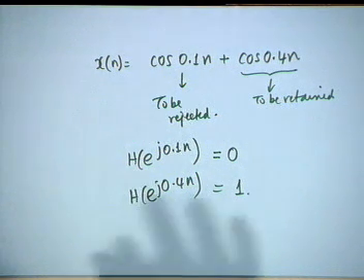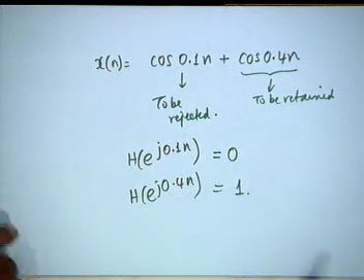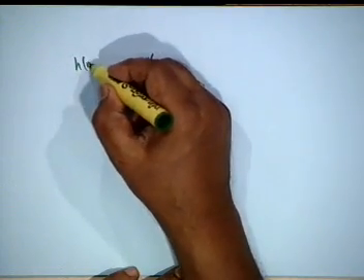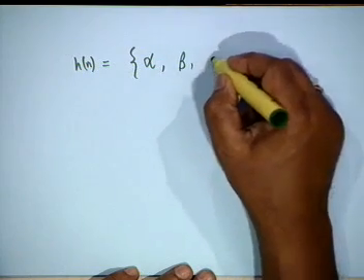Let us design the simplest possible kind of filter to satisfy this. The filter that we aim at, to start with, let it be FIR, finite impulse response, of length 3 arbitrarily. I could also choose length 2. Let us say we have length 3, and let us suppose that my h of n is equal to alpha, beta and alpha.